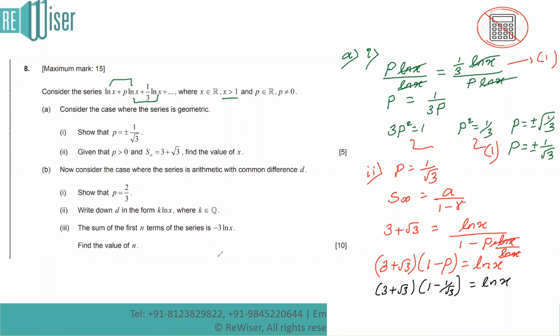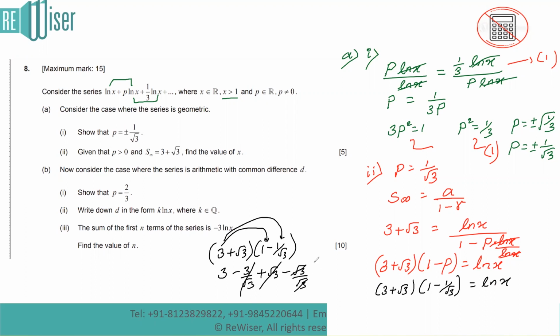If I simplify this separately, 3 plus root 3 into 1 minus 1 by root 3, when I expand it, 3 times 1 is 3, then minus 3 by root 3, then positive root 3, then minus root 3 by root 3. And 3 over root 3 is the same as just root 3, so these two things can get cancelled out. And this is basically 1, so we will just get 2 equals ln x.